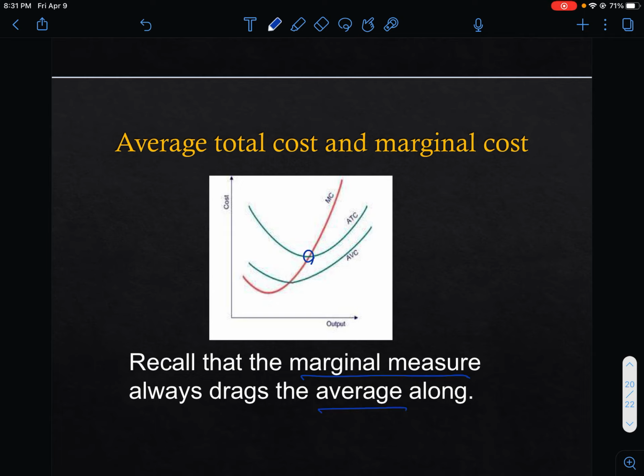When marginal cost is below average total cost, it is falling, and when it is above, it is rising. That's the pattern, and it actually works the same for average variable cost. We haven't talked a lot about that, but average variable cost, when you draw this in, it's an average measure, so it is also tugged on by the marginal cost, by the marginal measure.